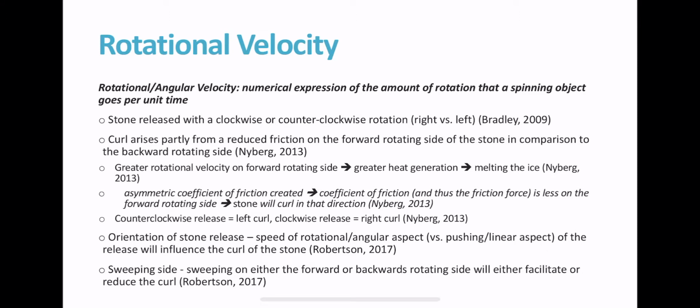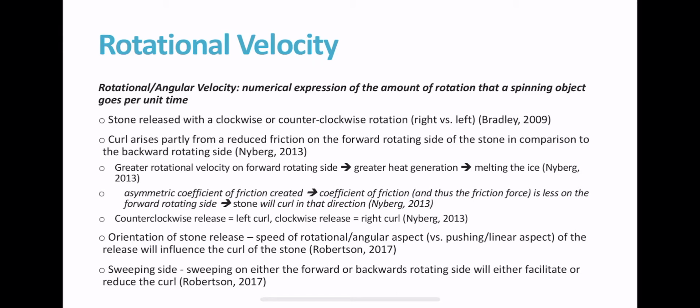The greater rotational velocity on the forward rotating side leads to greater heat generation and therefore more melting of the ice. This creates an asymmetric coefficient of friction, such that the coefficient of friction, and therefore the frictional force, is less on the forward rotating side, and the stone will then curl in that direction. So, ultimately, a counterclockwise release results in a curl to the left, while a clockwise release results in a curl to the right.